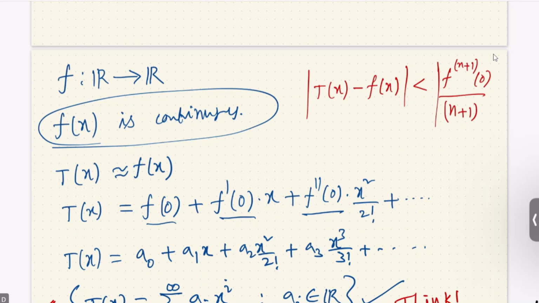Something you read in this theorem somewhere around your first semester or second semester. That means this is deciding your epsilon so that you can get the approximation as close as you want.